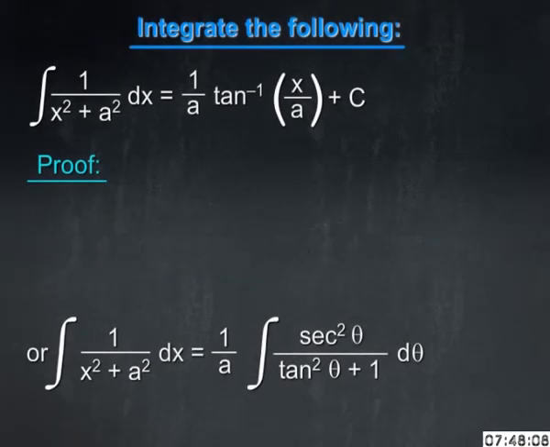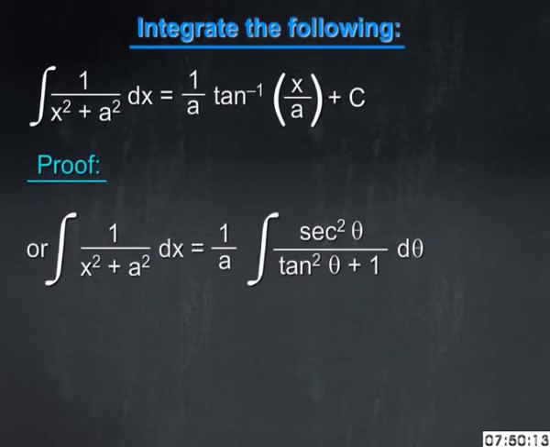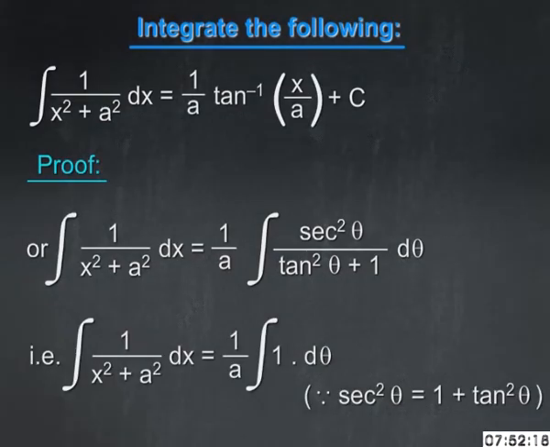That is, integral of 1 upon x square plus a square with respect to x is equal to 1 upon a into integral of 1 with respect to theta. Because we know that secant square theta is equal to 1 plus tan square theta.